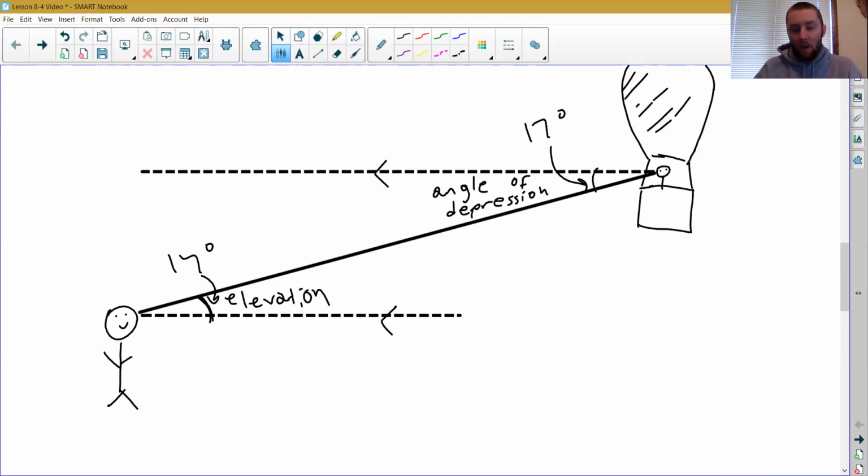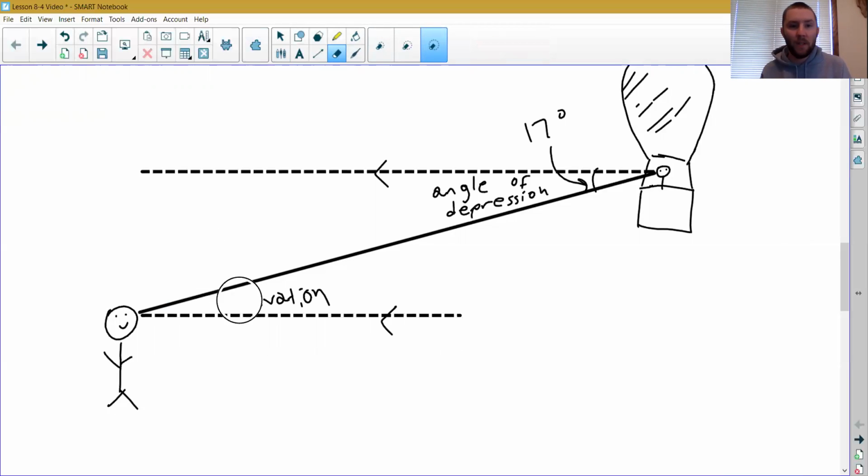Now, when we are given these angles of elevation and depression, we can easily create right triangles and then use our sines, cosines, and tangents to find missing information. So here's an example for you.